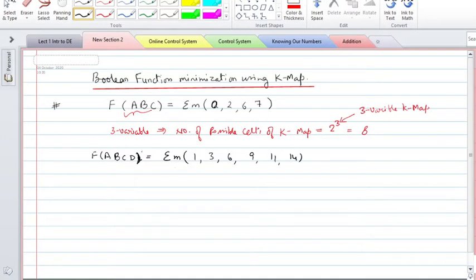As it contains 4 variables, the number of K-map cells will be equal to 2 raised to power 4, that is 16 cells, and this type of K-map is known as 4 variable K-map.